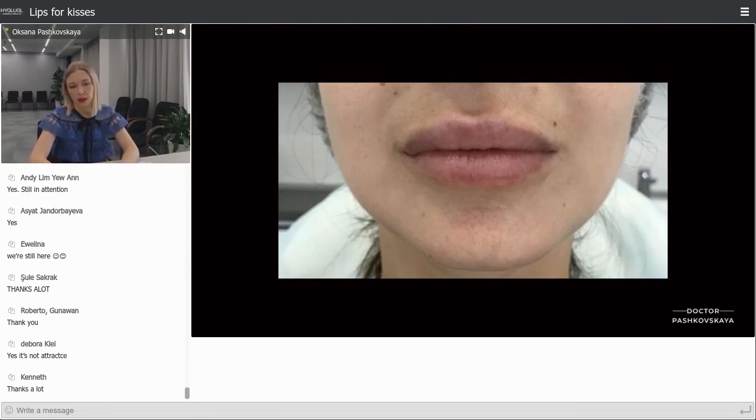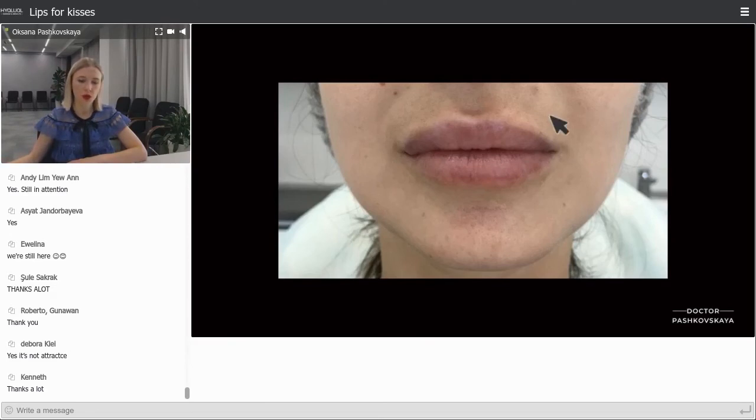Also, residual BDDE could be in the syringe, in the filler, and it leads to inflammation, toxic reactions, and swelling. I also want to share with you that the companies check each batch of fillers for residual BDDE, and if they are sure it is absent, they release the batch of fillers. So it's also very important to recognize.